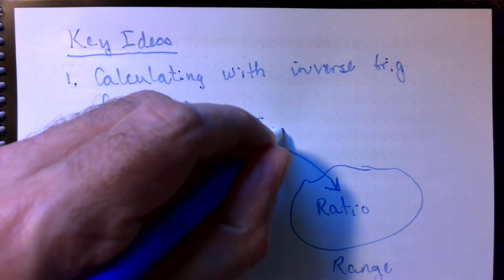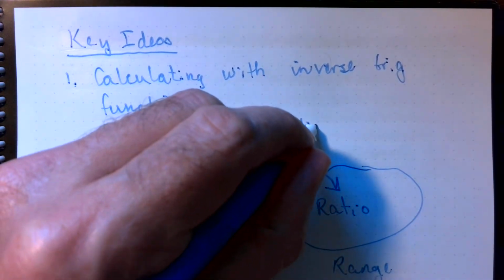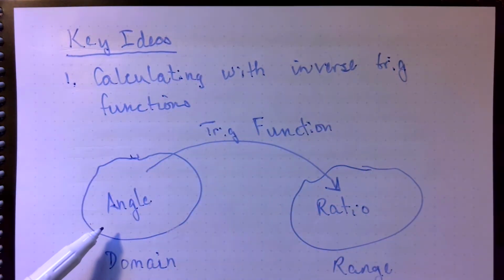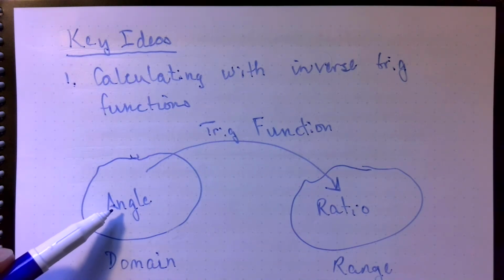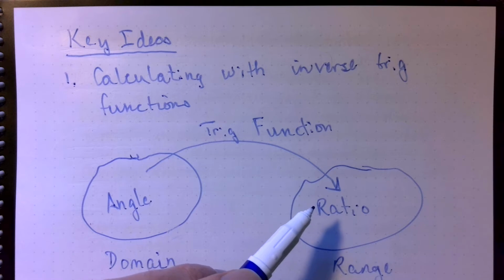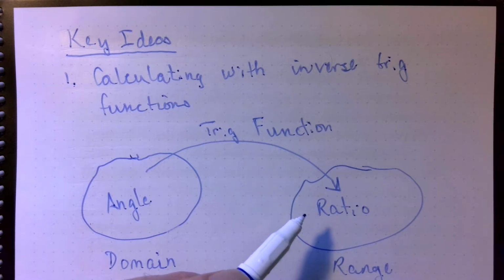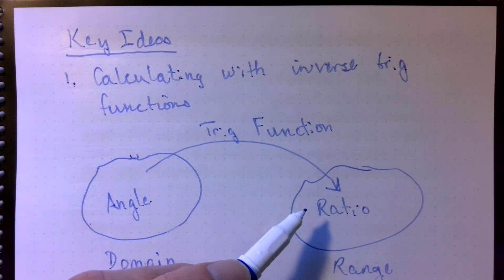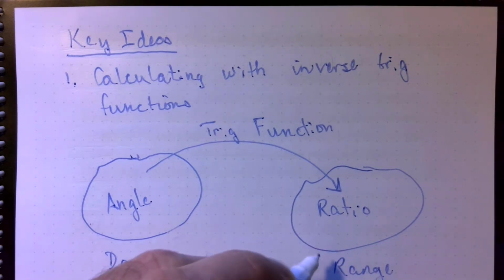So for a trig function, the elements of the domain, in other words, the input values of the function, are angles, and we figure out how to get a ratio, either by starting with an angle in standard position in the xy plane, or setting up a right triangle.